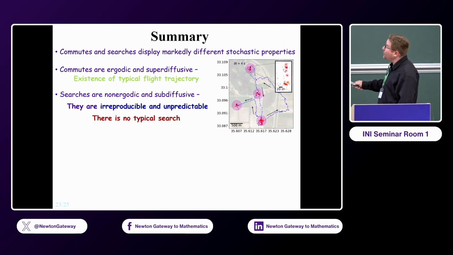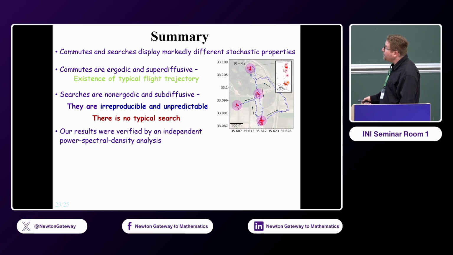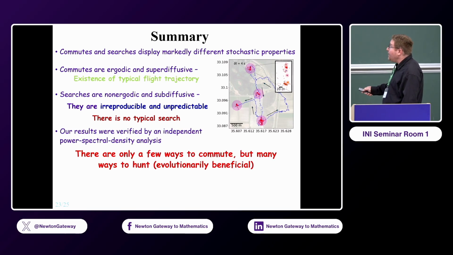So the search trajectories are irreproducible and unpredictable, and the take-home message basically is that while there are only few ways to commute, there are many ways to hunt. Hunting is irreproducible, unpredictable, which may be evolutionarily beneficial for the foraging tactics, of course.